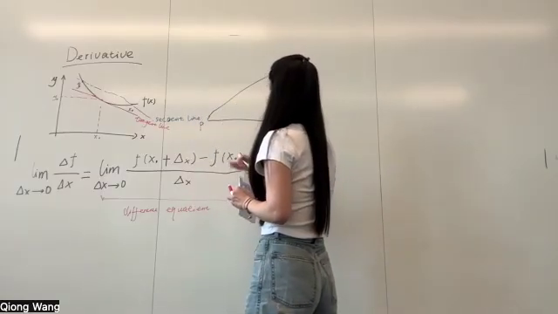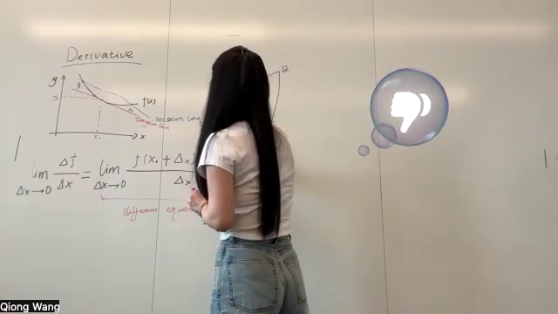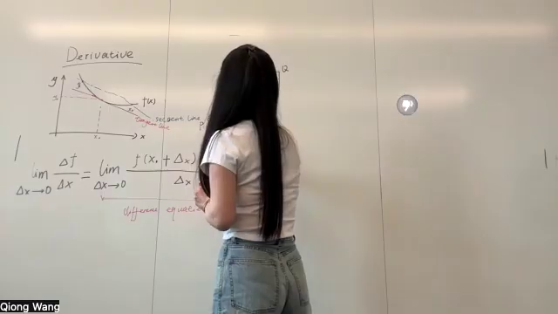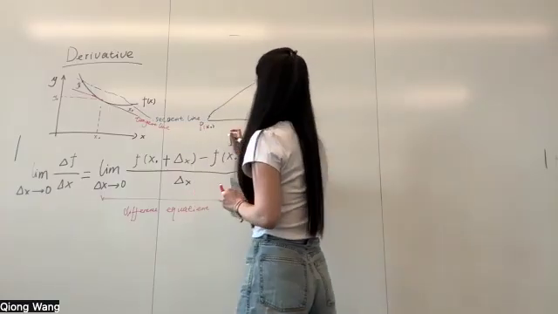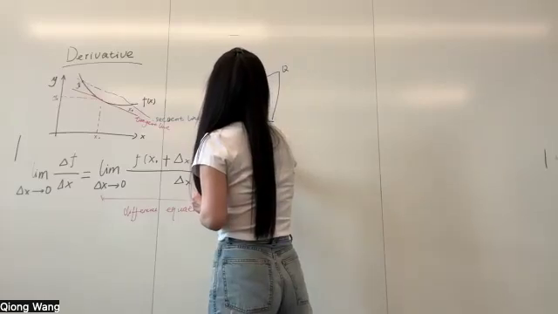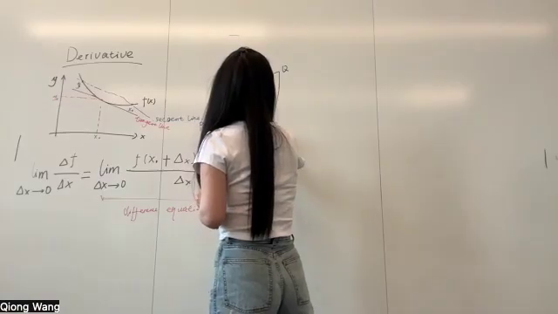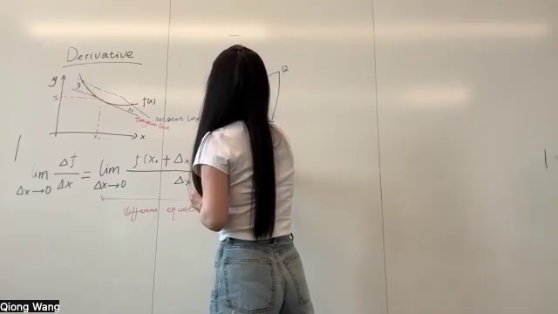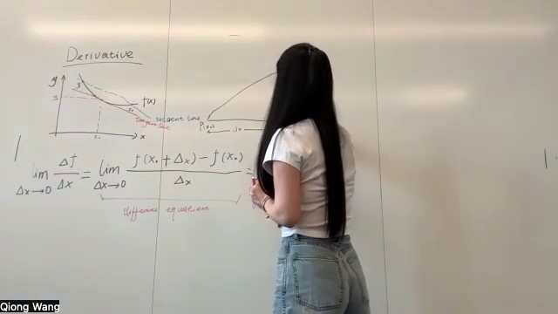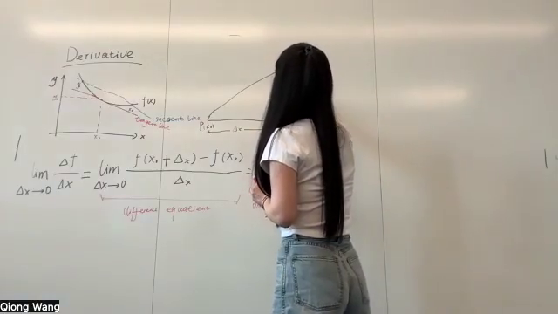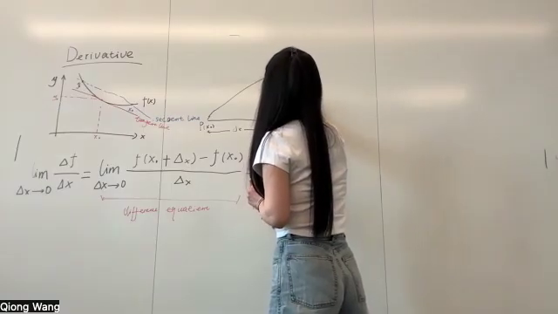We assume the point P is x0, and the change from P to Q is delta x. The difference along the y-axis is delta y.